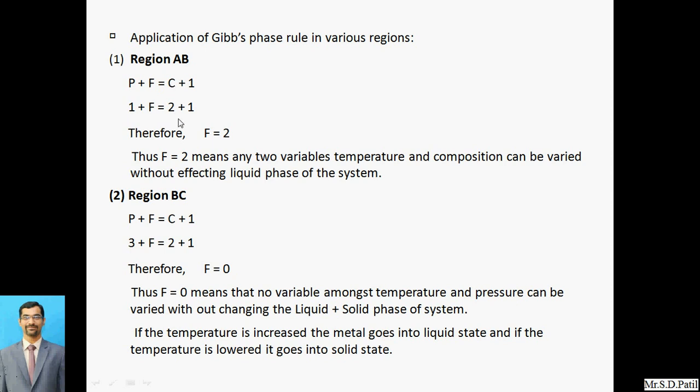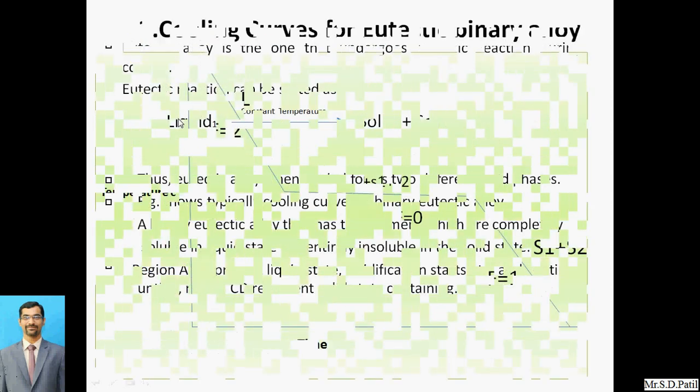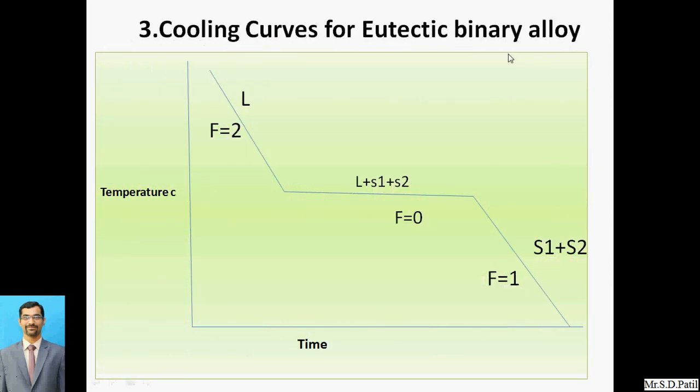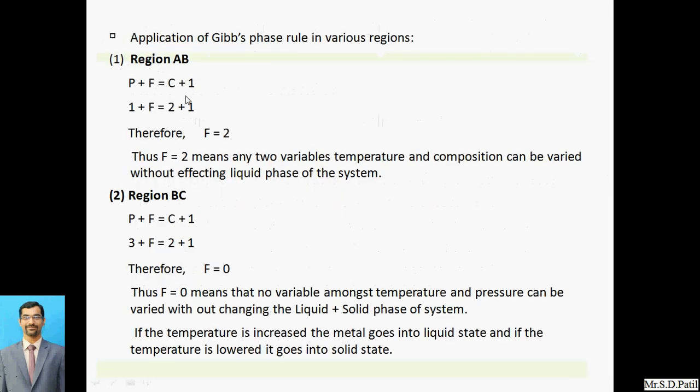Now why is C equal to 2? Because here we have used the alloy, which is nothing but binary. Two different materials are there, and that's why we have taken C as 2 over here. Two different metals are used, that's why it is an alloy, so the composition is 2.